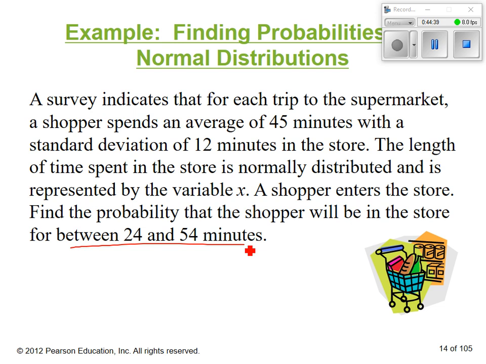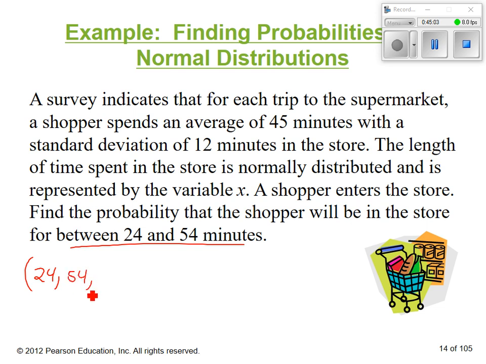So let's just do this on the calculator before I switch slides. If we want to do this on the calculator and we just want to use the raw scores, we don't want to change to z-scores. You're going to hit your second bars. We're going to put in our low limit, our high limit, our mean, and our standard deviation. What's our low limit this time? 24. What's our high limit? 54.